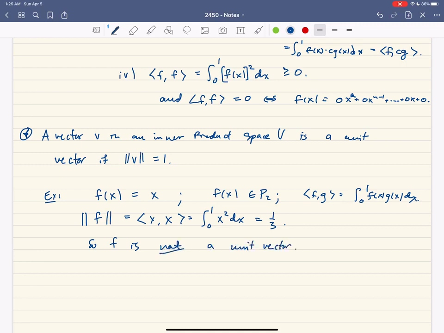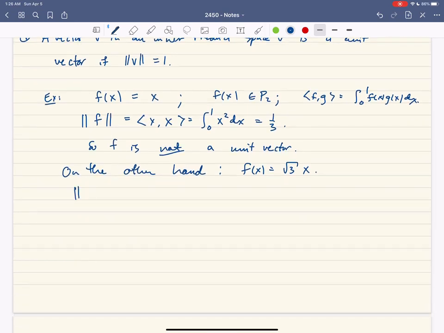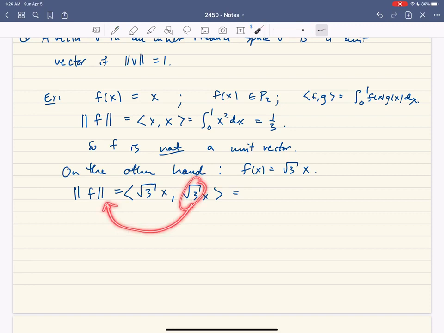On the other hand, if I were to look at, say, square root of 3, so f of x is square root of 3 times x, that will be a unit vector, because the magnitude of f is going to be the inner product of square root of 3 times x with square root of 3 times x. And then we can do two things here. We can bring this square root of 3 outside.